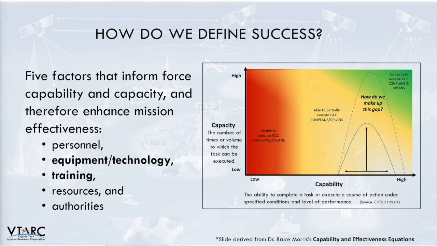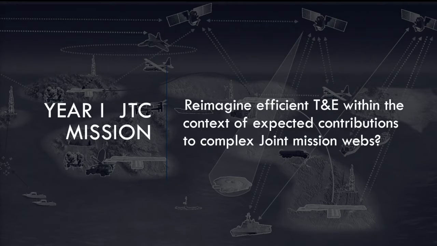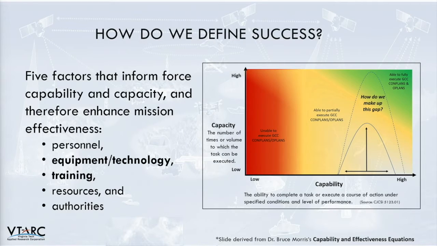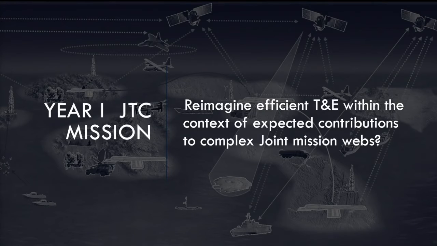Resources are probably not going to change significantly in a positive direction. And authorities are likely to change very slowly if they change at all. So the 2 biggest spaces that we're going to make a difference is equipment, technology, and training. And I'm hoping that you're nodding up and down, recognizing that T&E impacts both of those zones significantly, right? Okay.